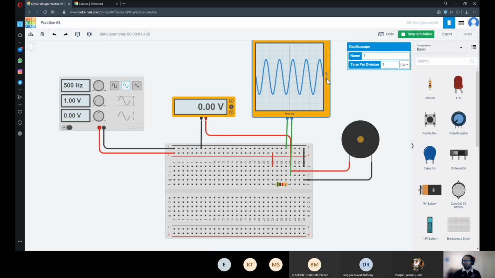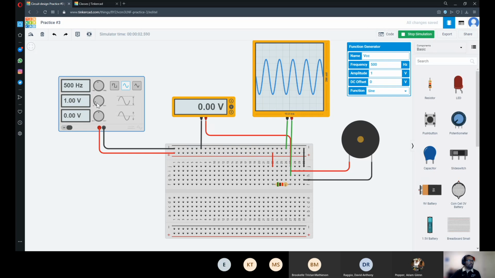The oscilloscope here is going to auto adjust to the amplitude. So here you can also play with the knobs. If we were to move the knobs to increase the amplitude, you can see that now it says 200 millivolts from top to bottom. So it auto adjusts depending on what signal you have.